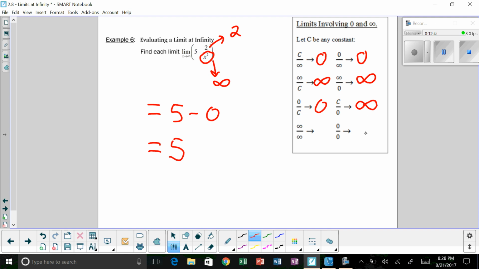Now, these last two, we've already studied 0 over 0 quite a lot. We saw many limits in section 2.5 of this form, and we called that an indeterminate form. In fact, infinity divided by infinity is also indeterminate. So we're going to draw a line here, and we're going to label these as indeterminate forms.